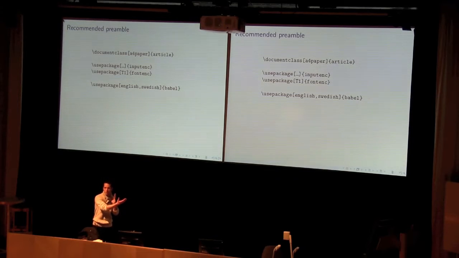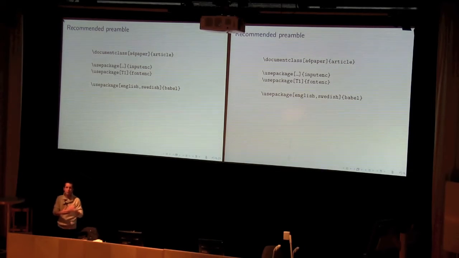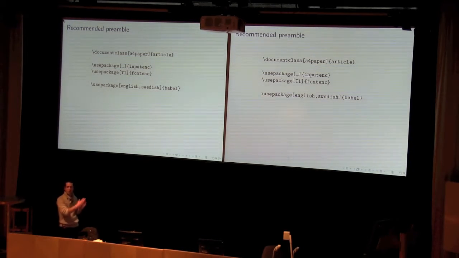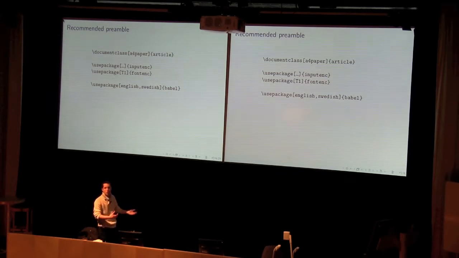So it's a command. But if you have Babel with German, it is so useful to have a ligature for this umlaut O that Babel defines it for you, because this is a very frequent character. So you don't need the backslash at the beginning anymore. Okay, is this more clear?